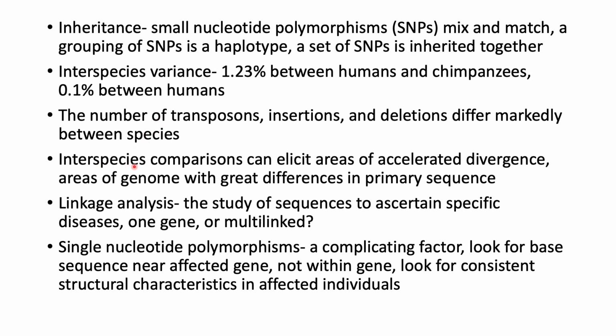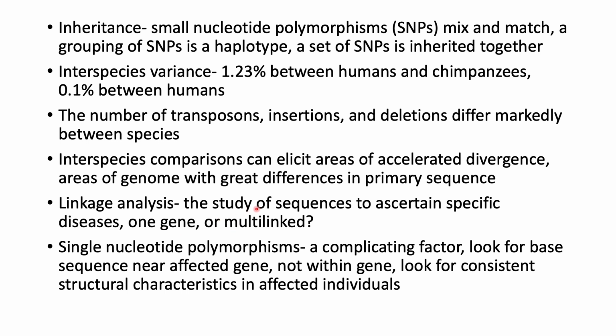So you can have areas of accelerated divergence between species and areas of the genome that have great differences in the primary sequence. Linkage analysis is a study of sequences to ascertain specific diseases, whether one gene or multi-linked.